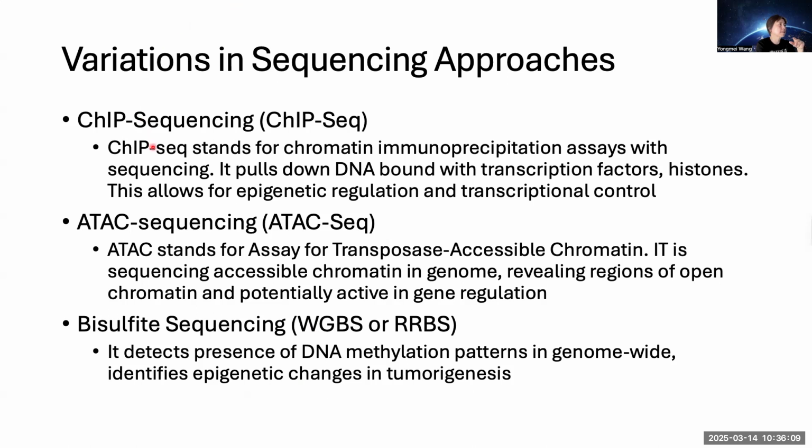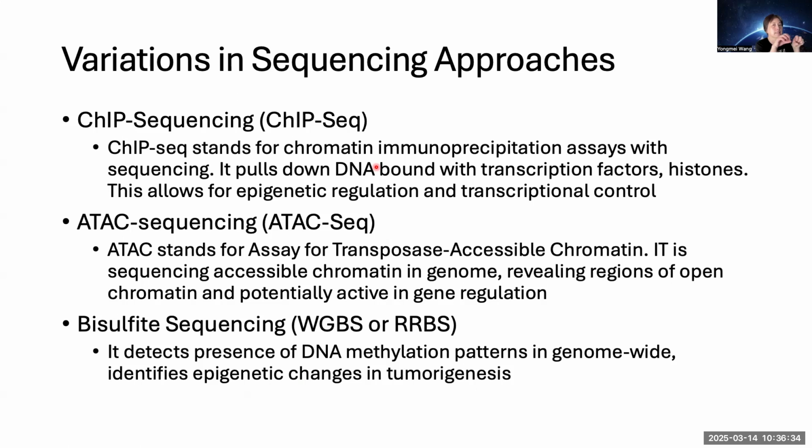There are a few more sequencing technologies. Another one is called ChIP sequencing. ChIP refers to the so-called chromatin immunoprecipitation assay. What it does is it can pull down the part of the DNA that has protein bound on it. It uses some chemistry to cross-link it, and you pull down the protein together with the DNA bound to it. That's called ChIP.